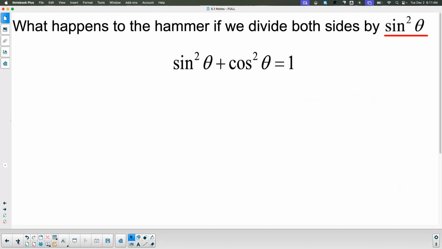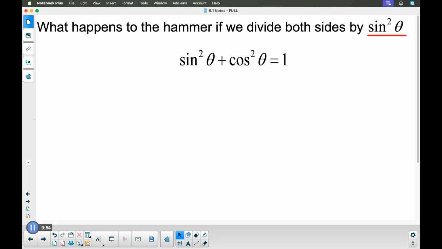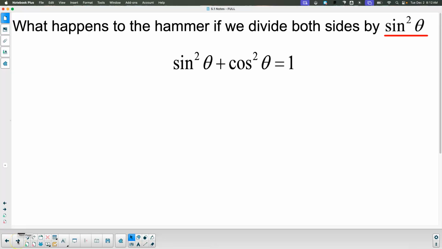So, let's talk about the hammer. Cosine squared plus sine squared, or sine squared plus cosine squared, is equal to 1. What is going to happen if we take the hammer and we divide it by sine squared?